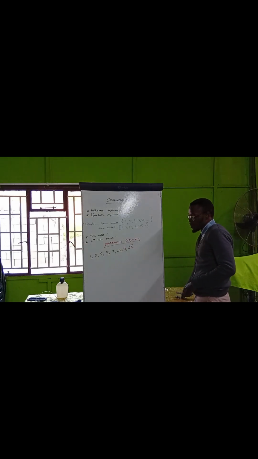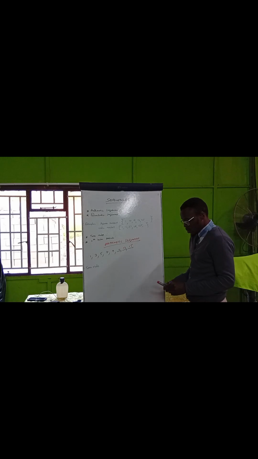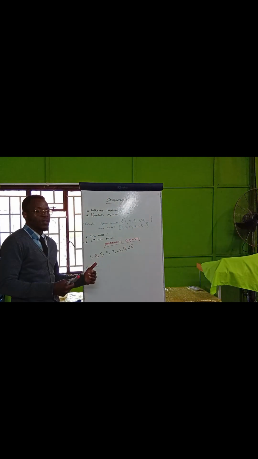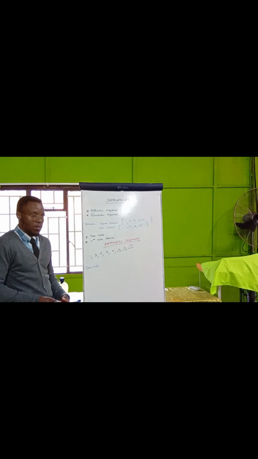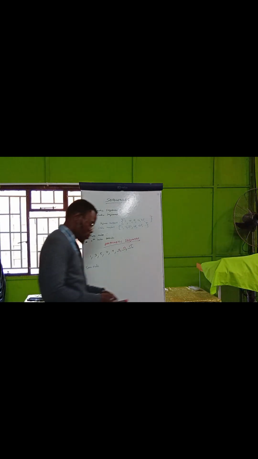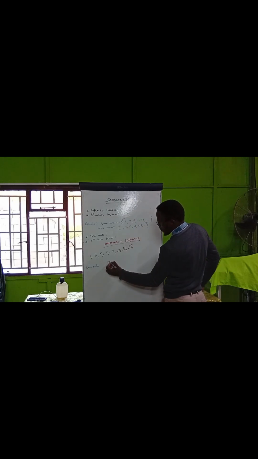Now the question would be, state the term rule. When they say state the term rule, they mean, what did you do to move from the previous number to the next one? You add 2, so the answer will be add 2.